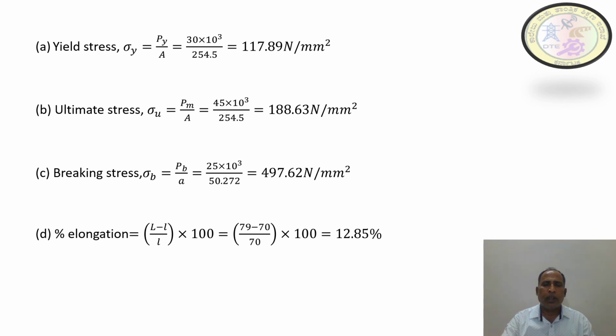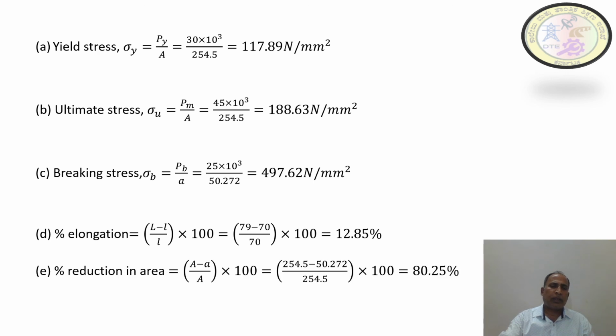It works out to be 12.85%. As the length 70 mm is extended to a length of 79 mm, a length of 9 mm is extended during the period of testing. Therefore the percentage elongation over the gauge length or the original length will be 12.85%.